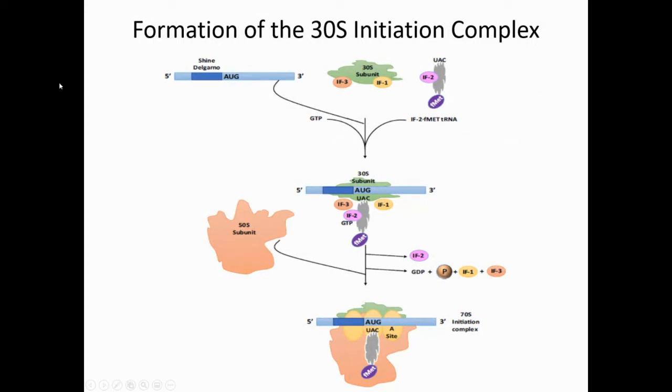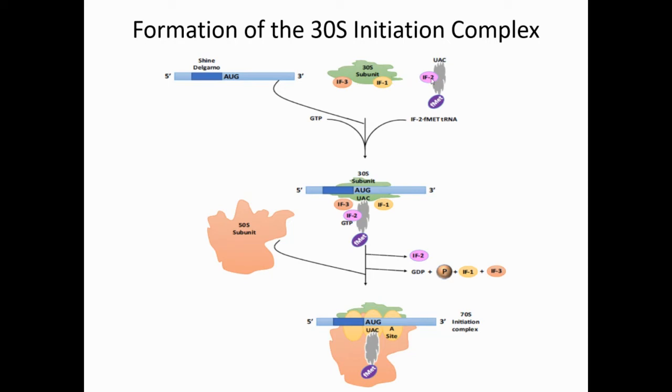So here, that's for protein synthesis in the beginning. You need to form the 30S initiation complex, as I mentioned. First of all, the tRNA needs to be charged, and number two, the 30S needs to be dissociated from the 50S. So now you have a free 30S, and it's bound by initiation factor 3 to prevent reassociation, and also with the help of IF1, initiation factor 1, and also initiation factor 2.